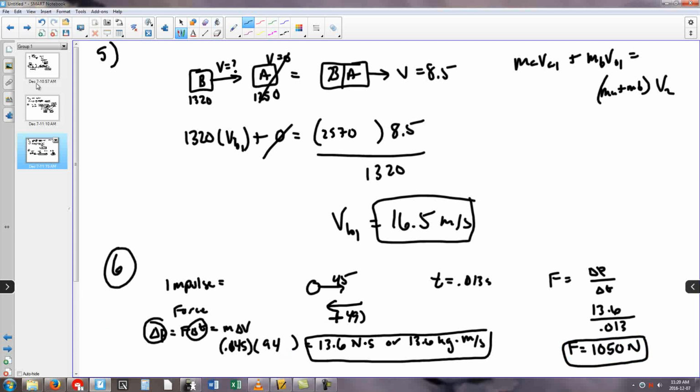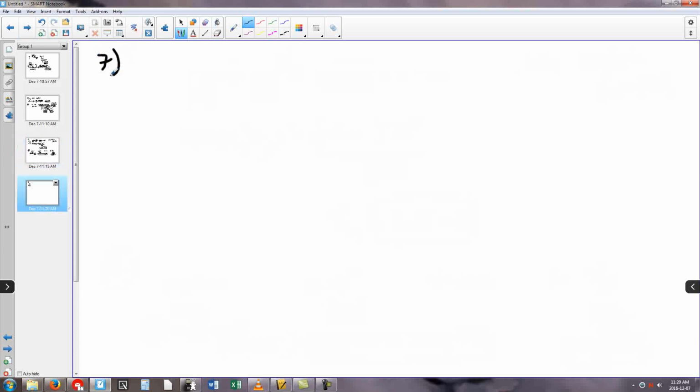All right, just a few more. Let's look at 7. 7 says Pascal's principle, how much weight in newtons can be lifted by applying 27 newtons of force to a hydraulic lift with an input area of 0.25 meters squared and an output area of 6 meters squared. If we look at this, Pascal's principle is our F in over A in equals F out over A out.